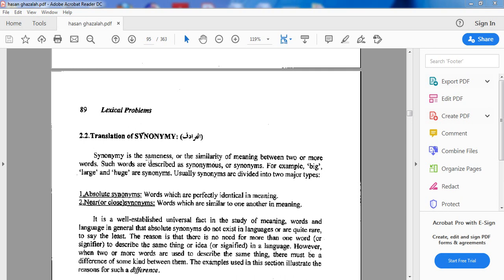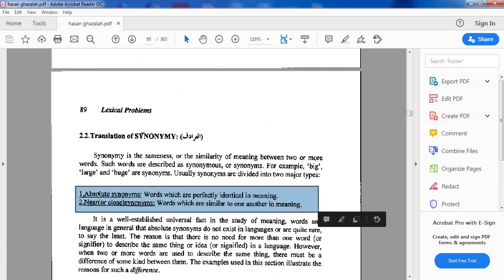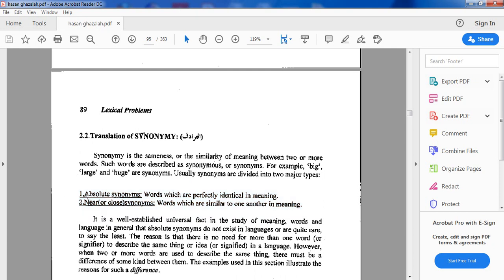So I don't agree with the author, but we have to abide by the textbook, when he says here absolute synonymy, meaning 100% identical meanings of words. We have a difference.